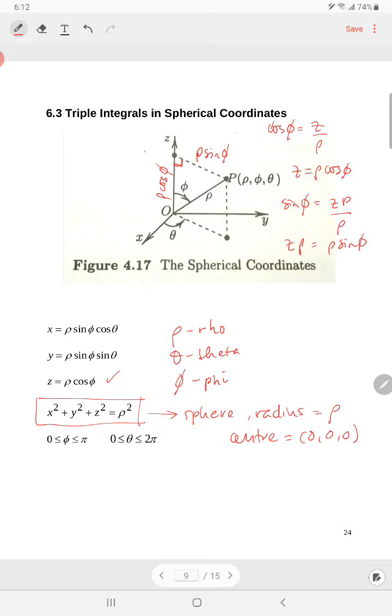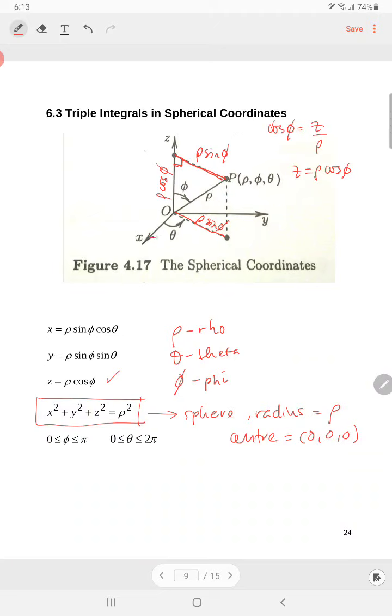So this length here is rho sine phi. Next, this length here, this straight line with that straight line is parallel. So if it's parallel, then they have the same length. So this is rho sine phi as well.